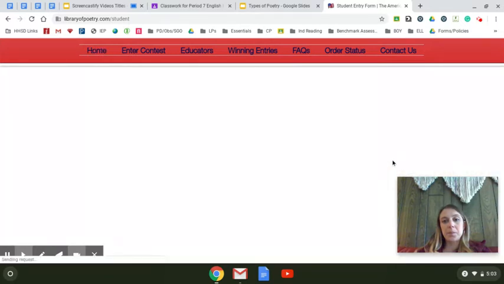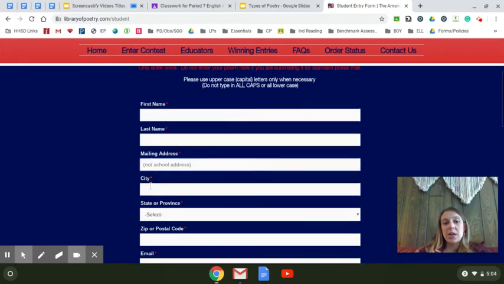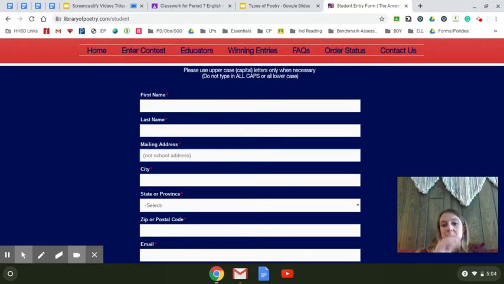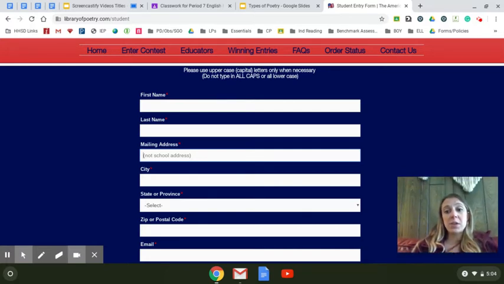And then it's going to give you the official rules of the contest, etc. And then you're going to enter your information. So you need to put your name, your first name, your last name, your mailing address. Please don't put the school address because they're going to send you information, particularly if you do really well, like they'll publish you in a book and they're going to send you that confirmation in the mail.